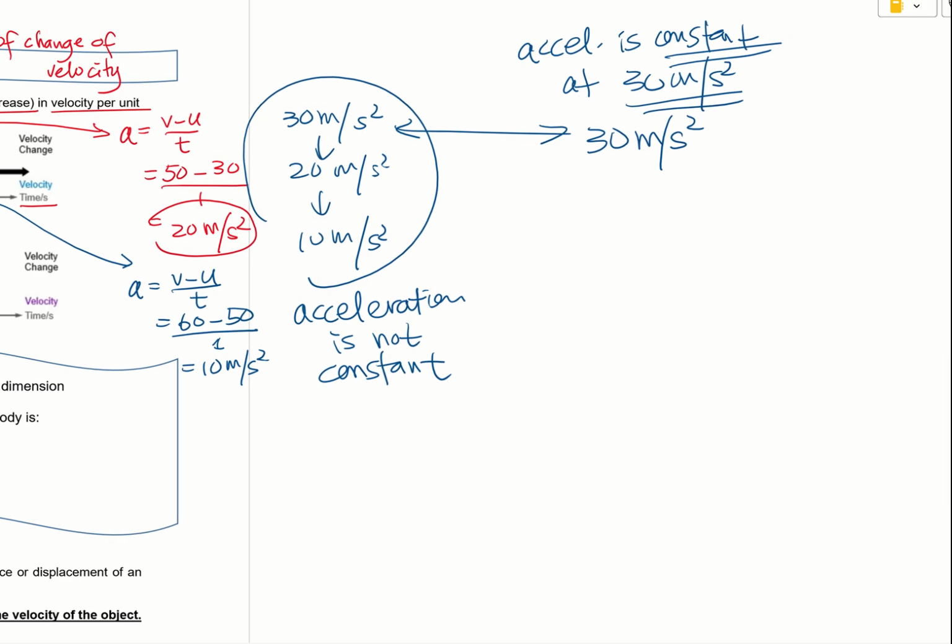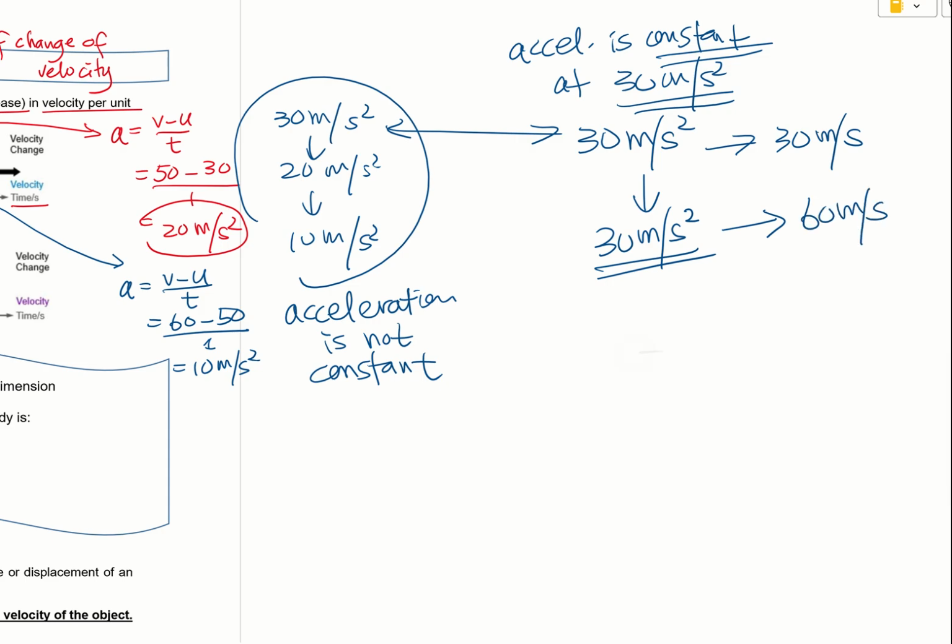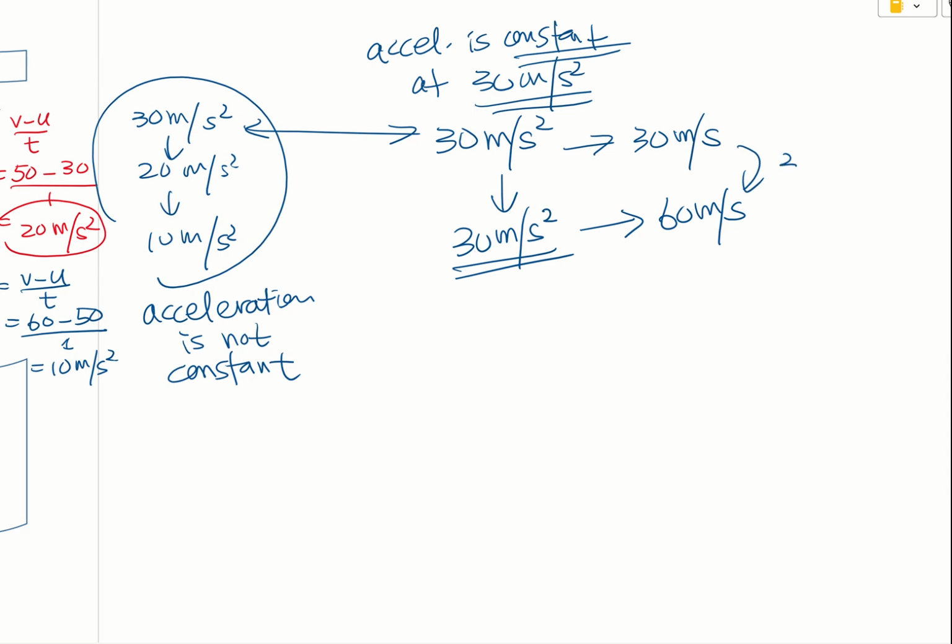So after 1 second, the velocity will be 30 meter per second. After 1 more second, if the acceleration is constant, still 30 meter per second square, then now the velocity will be 60 meter per second, because the change in velocity is 30 meter per second.